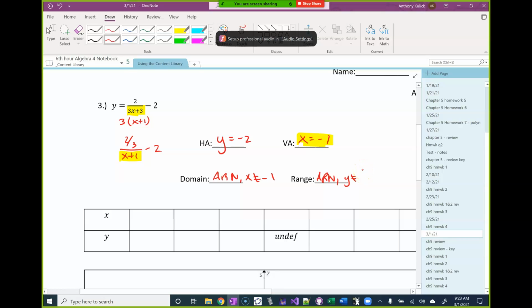The horizontal asymptote is the y's. Vertical is the x's. So x equals a constant means that the x coordinate is constant the whole time, so you're getting a vertical line.